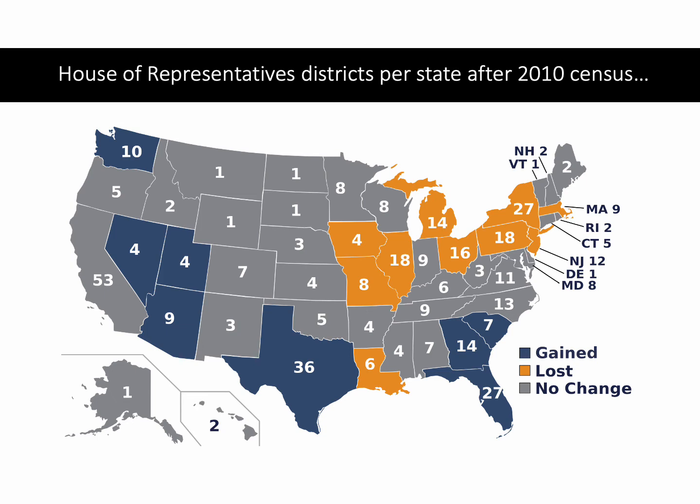The blue states gained a representative or two. You see the Sun Belt gaining. And the gray ones stayed the same. So Illinois lost a seat, and other states gained: Texas, Florida, Arizona, Nevada, etc. Utah.